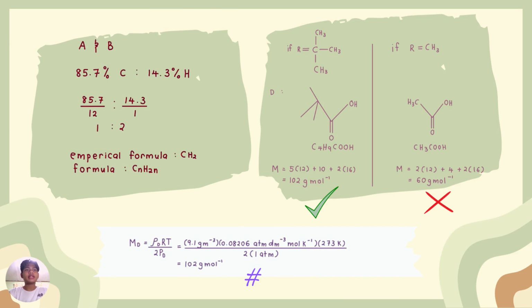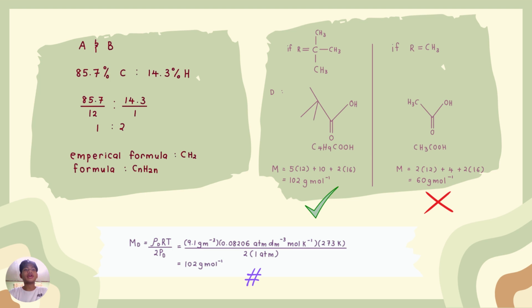Next, given structures A and B contain 85.7% weight per weight carbon. So the rest, 14.3% weight per weight, is hydrogen. Find the ratio, which is 1 to 2, and the empirical formula is CH2, and the general formula is CnH2n, which is the alkene group.